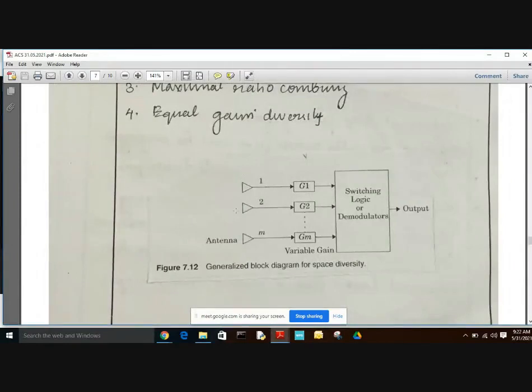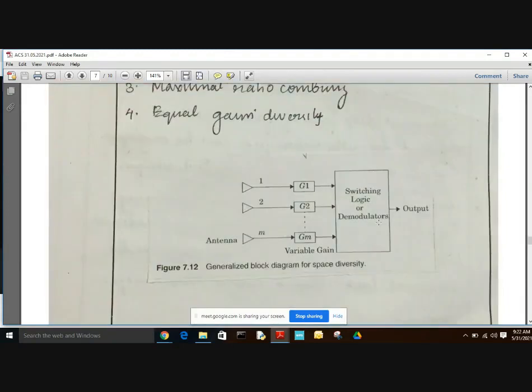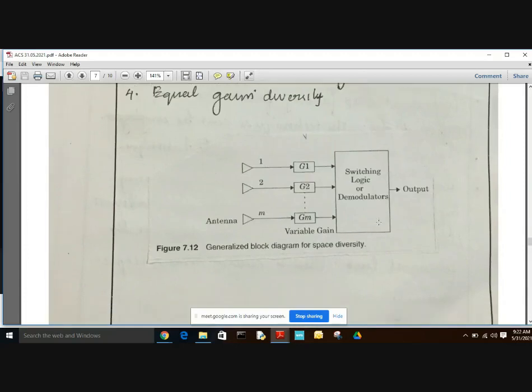Here we have multiple antennas, antenna 1, 2, 3 up to M, with variable gains G1, G2, and so on, then a switching logic or demodulator, and at the output of the demodulator we have the received signal.